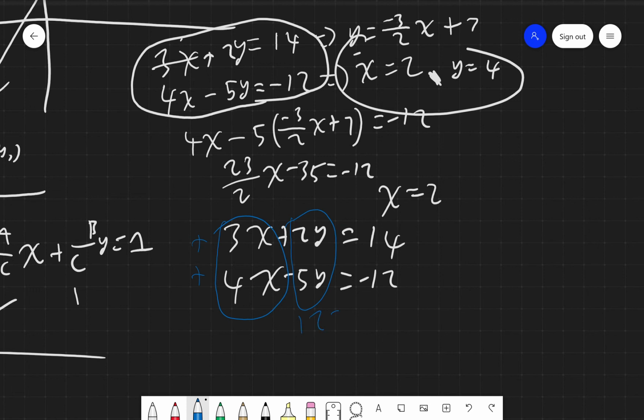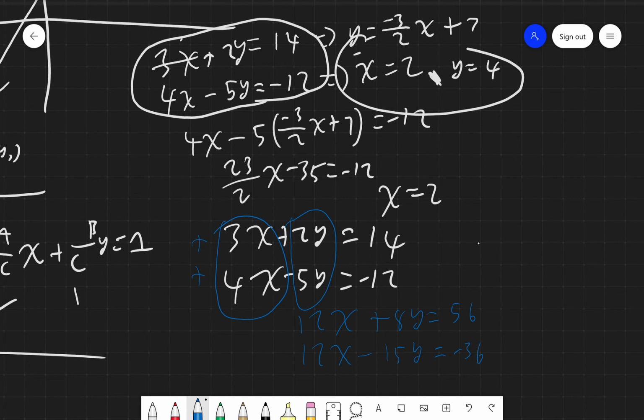And we get 12x plus 8y equals 56. And then we multiply the second equation by 3 to get 12 as a coefficient of x, to get 12x minus 15y equals negative 36.